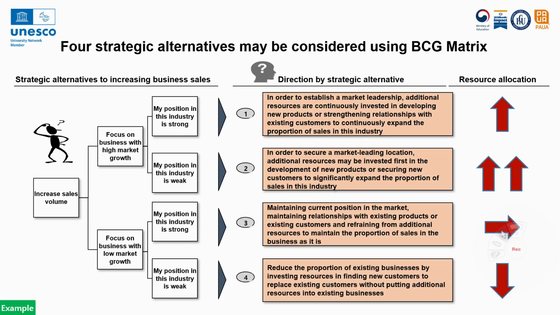So those are the 4 different directions of the strategies by applying the concept of the BCG matrix. So this is not the only way of listing strategic alternatives.